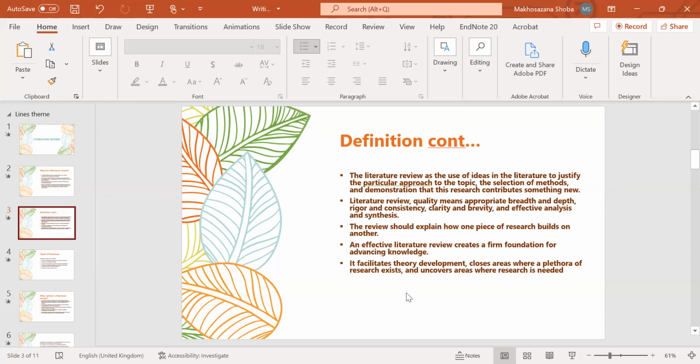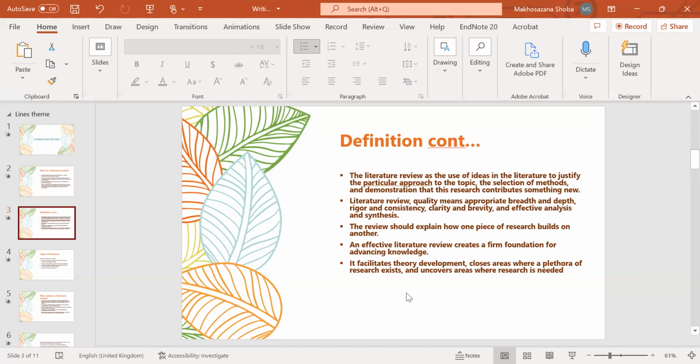You're engaging in the literature review because you want to build a firm foundation into what you are proposing to do, so that you can facilitate theory development and close areas where a plethora of research exists, and uncover areas where research is needed.